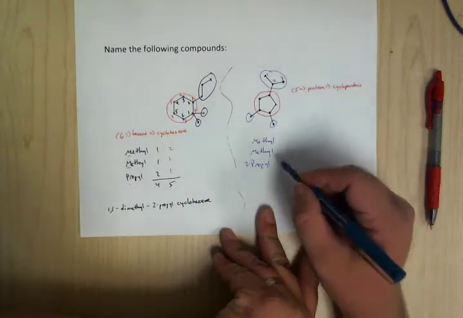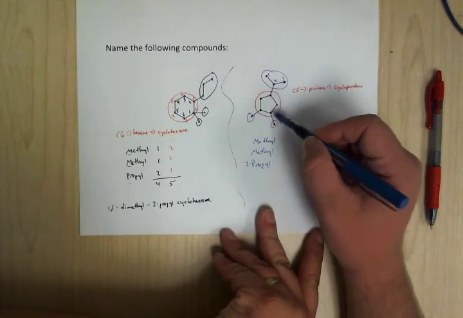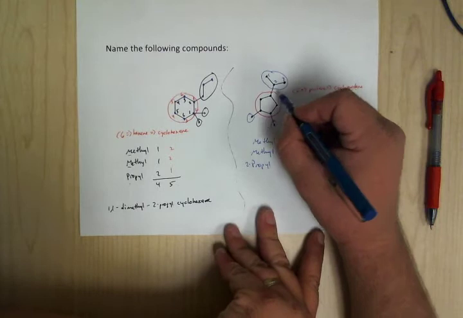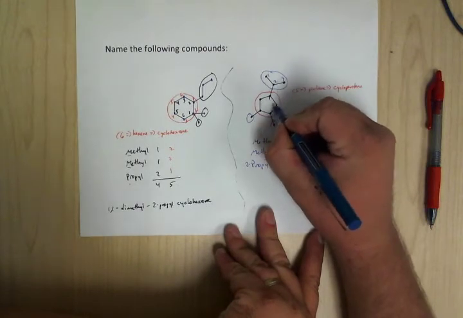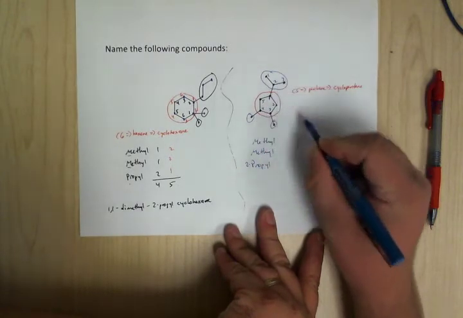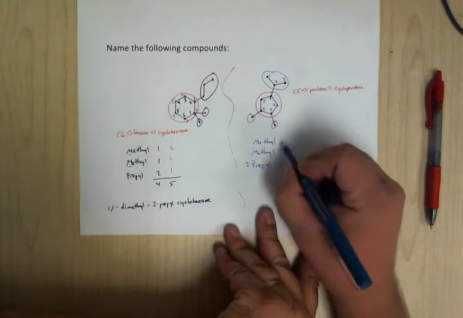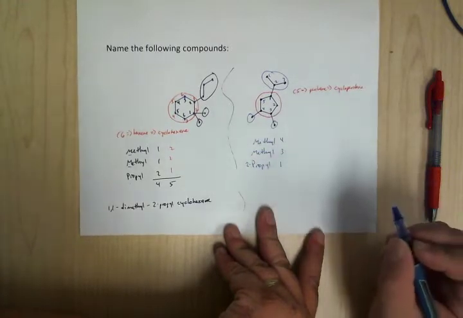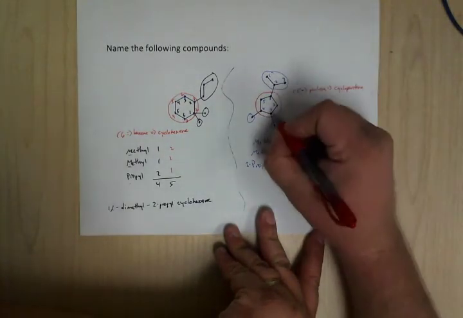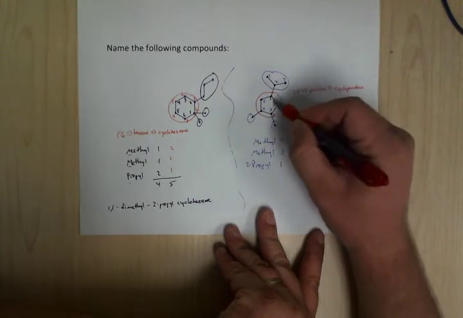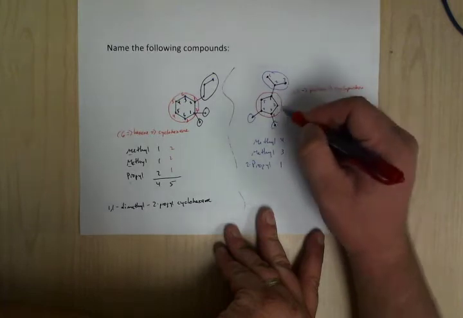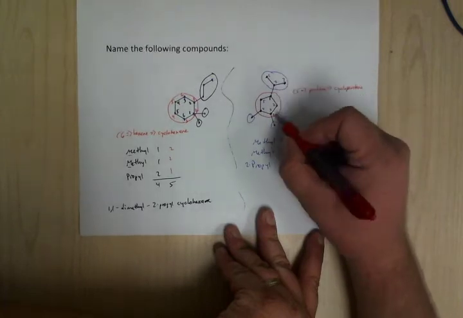Okay. So let's do the numbering. We're going to say if this is number 1, or this is number 1. So here we go. We have 1, 2, 3, 4, 5. So that would make this 1, this 3, that 4. Now if we're going to do this number 1, you go clockwise or counterclockwise. They're equidistant, so it doesn't really matter. So for this one here, the nearest side chain neighbor is here.